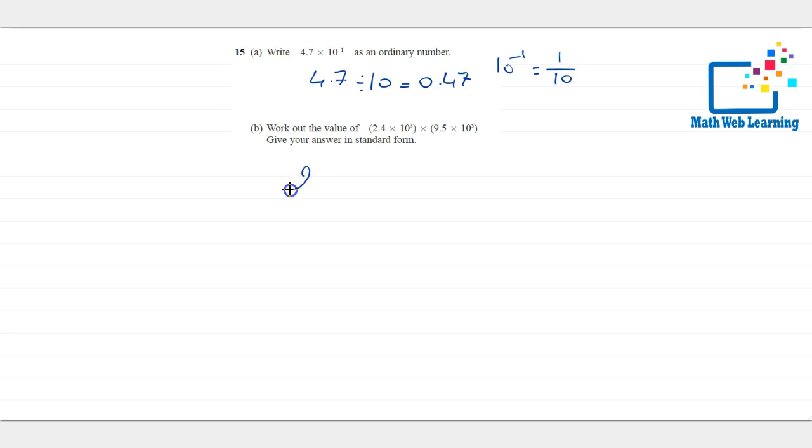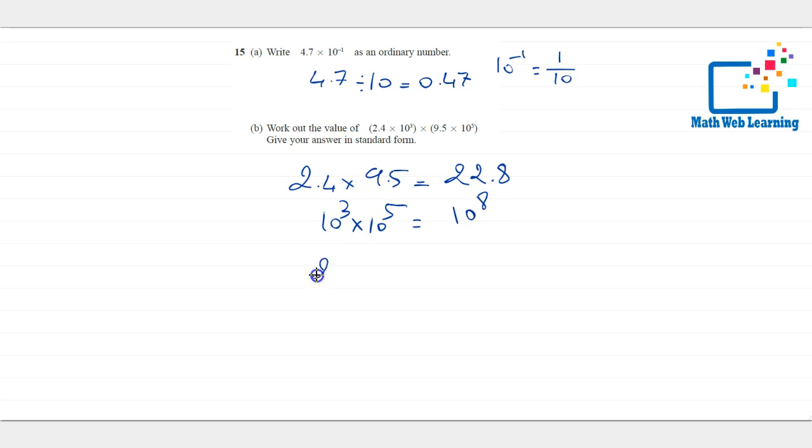Question B, you multiply the decimal numbers together, 9.5 times 2.4, and for that you get 22.8 on your calculator. And then you do the power part, 10 to the power 3 times 10 to the power 5, which give you 10 to the power 8.